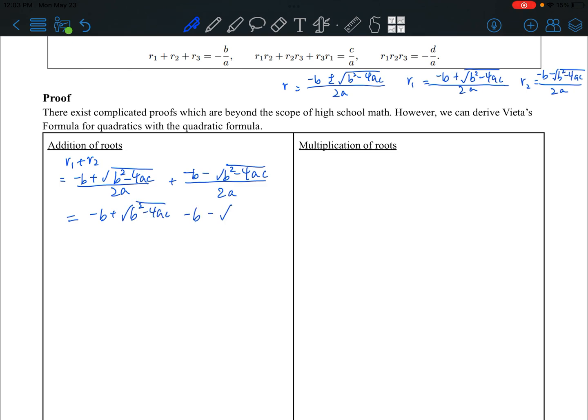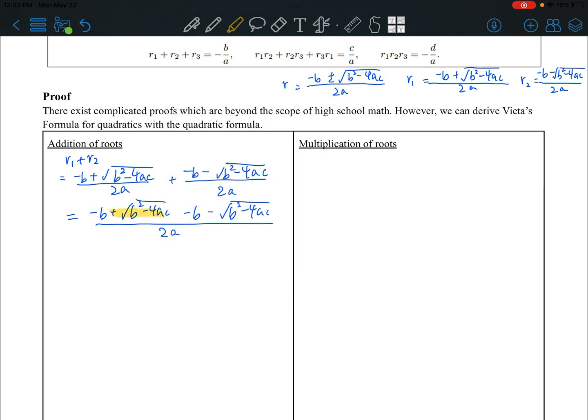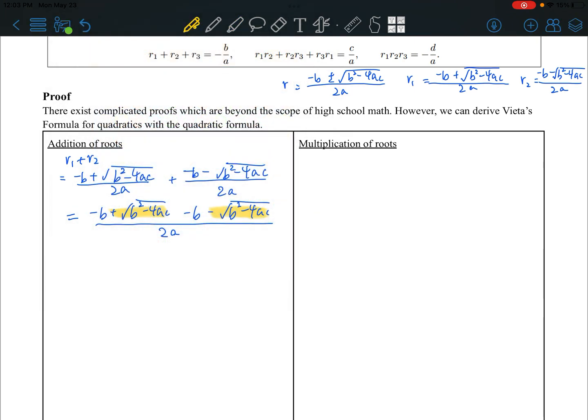Minus b plus the square root of b squared minus 4ac, minus b minus the square root of b squared minus 4ac, all over 2a. So now we notice something interesting, which is that we have plus the square root of b squared minus 4ac, and then we have minus the square root of b squared minus 4ac, so they cancel out.